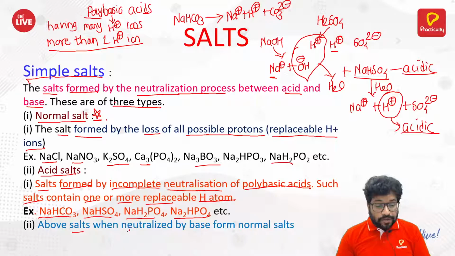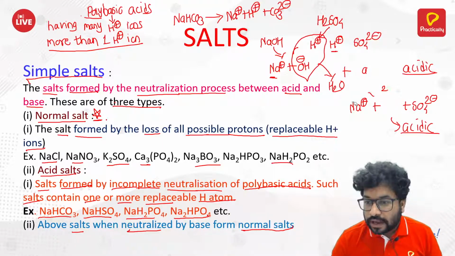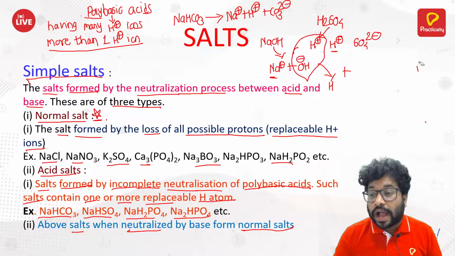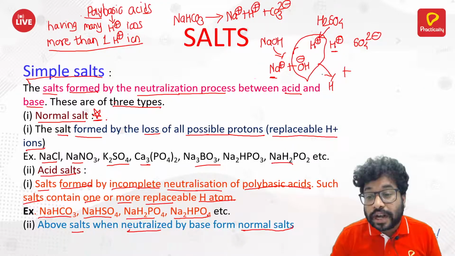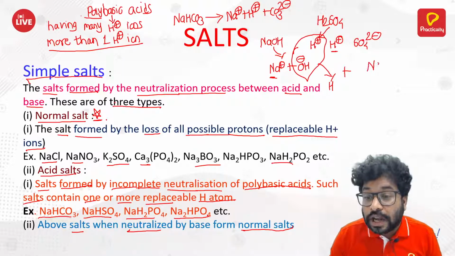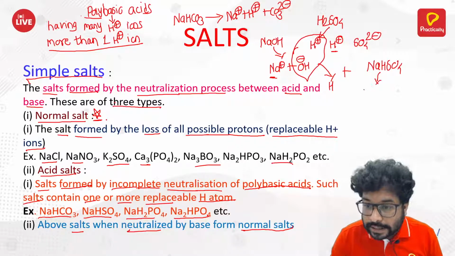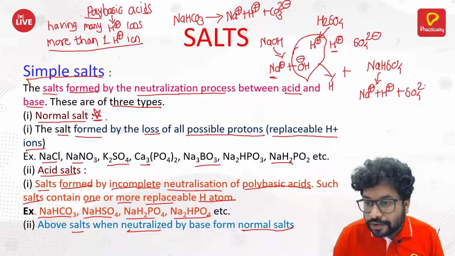Acidic salts, when neutralized by a base, form a normal salt. So this NaHSO4 is an acidic salt. If you want to neutralize it, there is scope for neutralization, because the neutralization which happened earlier wasn't complete. It was a partial neutralization. It releases Na plus, H plus and SO4 2 minus.